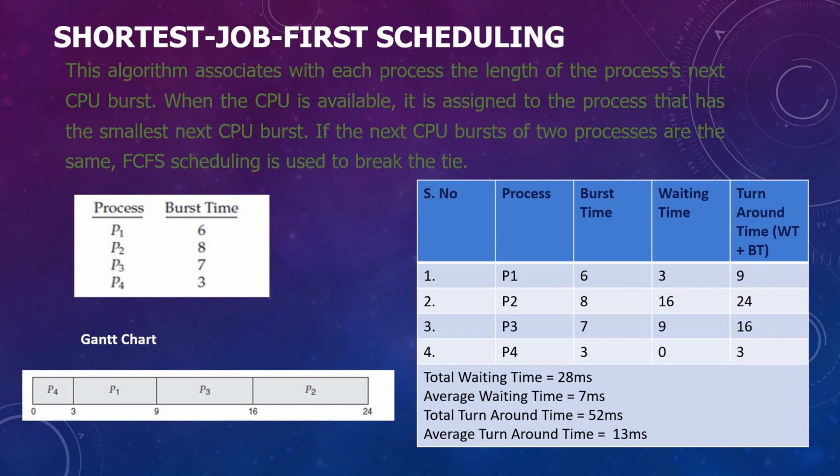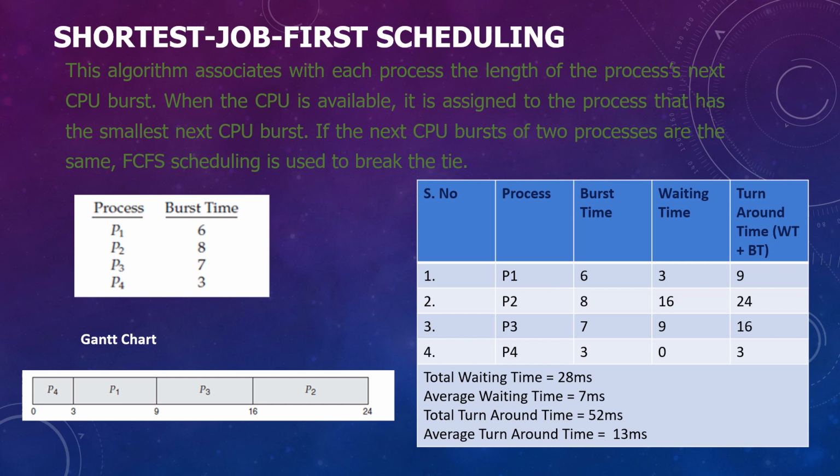Next, process P2 enters the CPU at the 16th millisecond, so the waiting time for process P2 is 16.